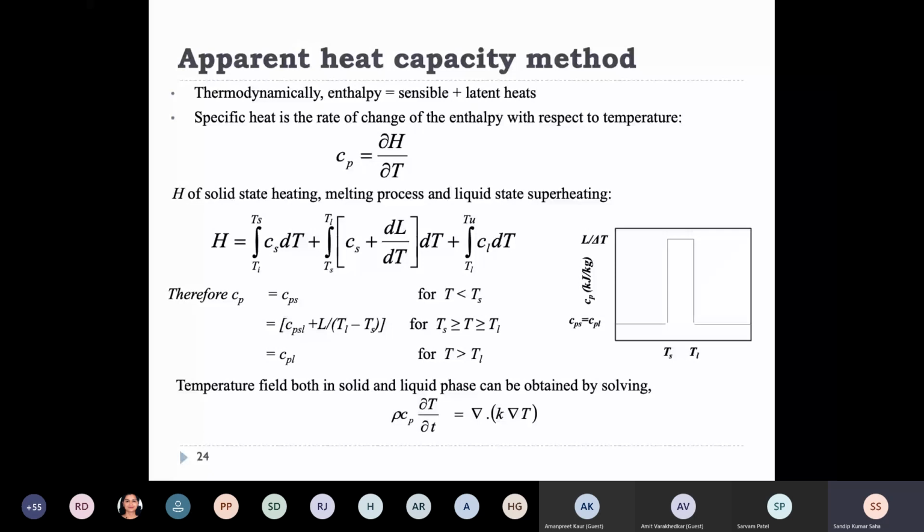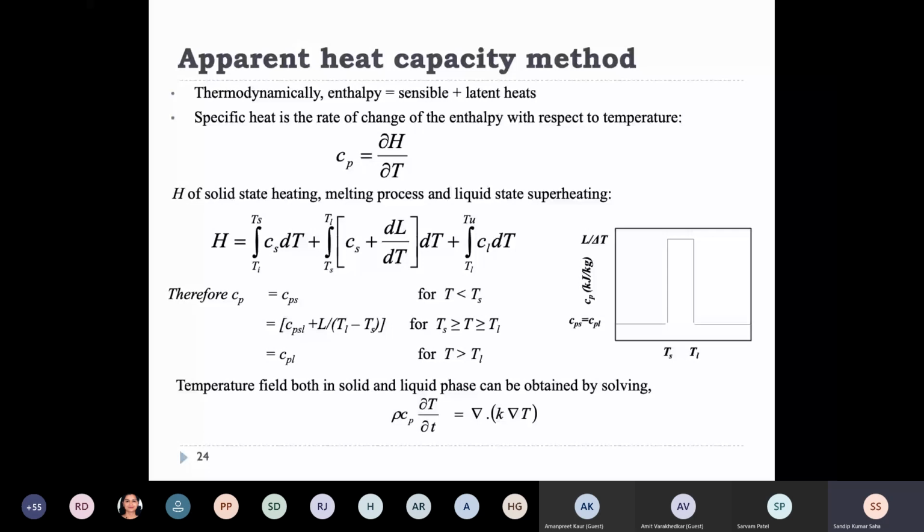So it has to be validated. That means I will hesitate to apply the apparent heat capacity method to a pure material, whereas the enthalpy porosity technique is very good there because the expression contains a single melting temperature. That's why I will be using that.